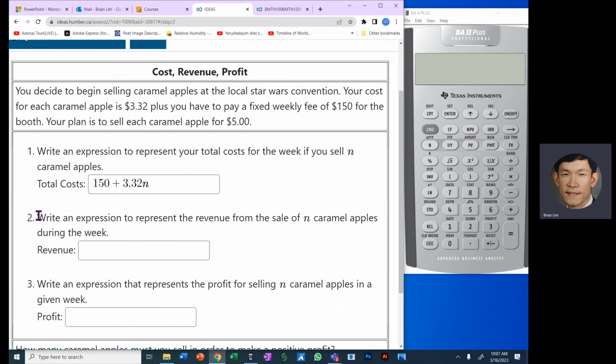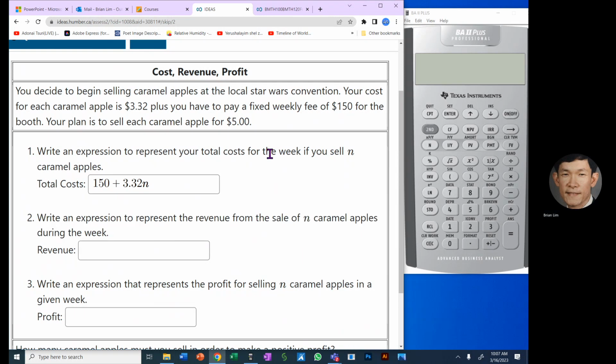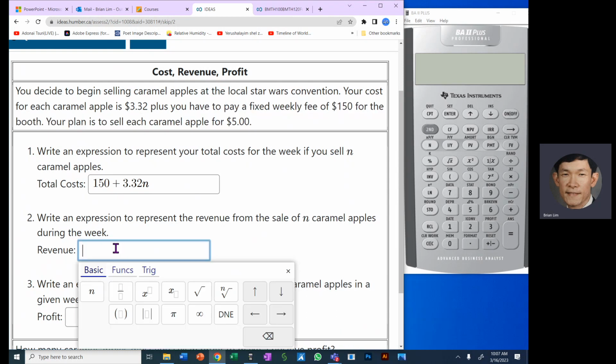Now write an expression to represent the revenue, meaning the amount of income or sales from the sale of n caramel apples during the week. The price for one caramel apple is $5, so we can put in 5. If you wish, you could put 5.00.